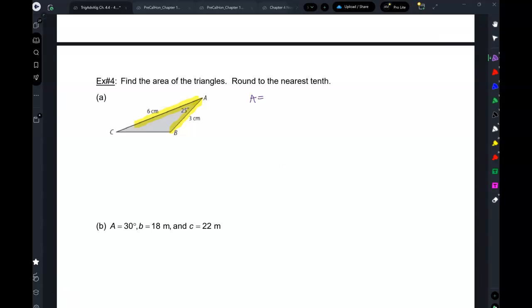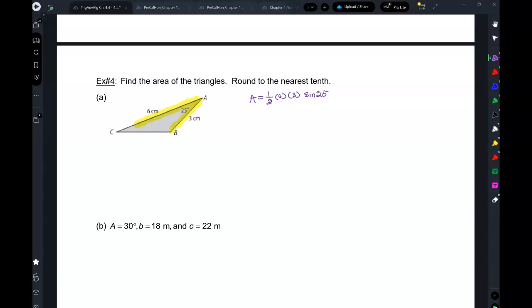So let's go ahead and do that. Area is going to be half times 6 times 3 times sine of 25, right? Remember, it has to be the sine of the angle, not just times 25, okay?